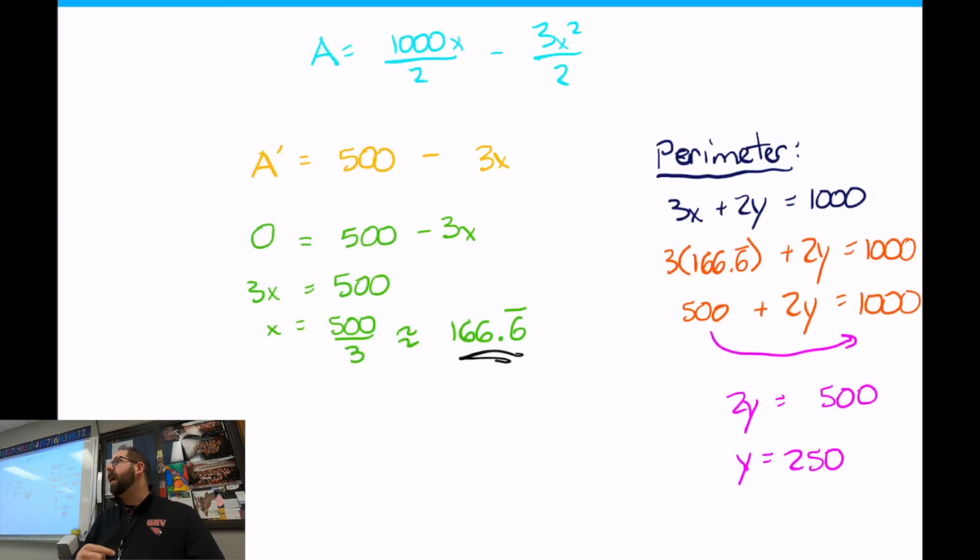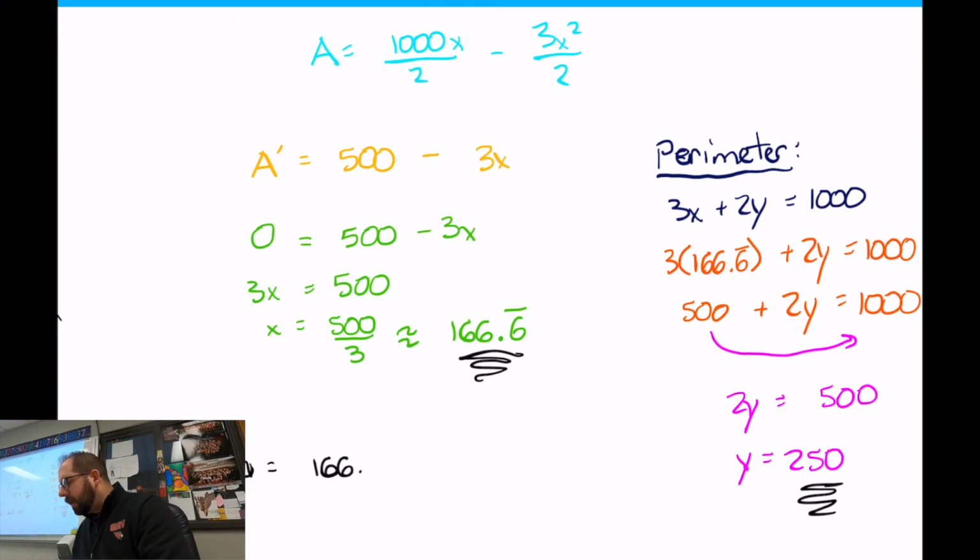I have both, and now we have to figure out what the area was. The optimum area on this problem is if you multiply these 2 dimensions together. So 166.6 repeating times 250, that should give me my number.